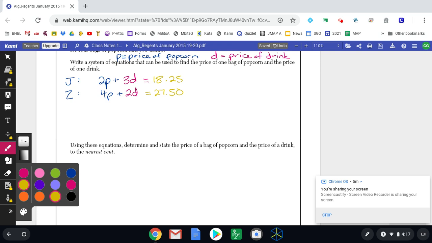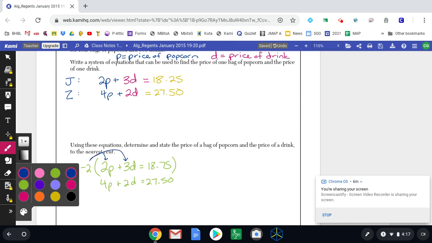So I have a couple of options here. I want to try to get my numbers to be the same, and I'm looking for the price of both of my options. So I'm going to just rewrite my equations down here. And I want to try to figure out what is a common multiple of one of the coefficients of my variables so that I can multiply the entire equation.